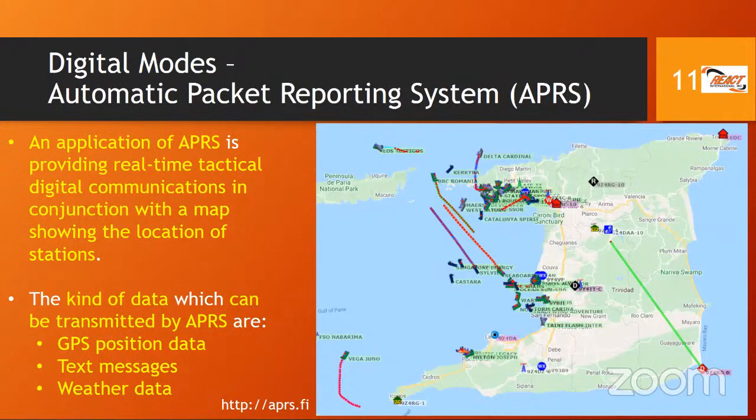If you go to this actual map, aprs.fi, and you click any one of these symbols, you will actually get real-time weather information, and you can also graph it as well. So that's why we say that another type of data that can be transmitted via APRS is weather data. So these three types of data are transmitted using the mode called APRS, and it's an exam question, and we need to learn, right? So think of this as amateur radio GPS.